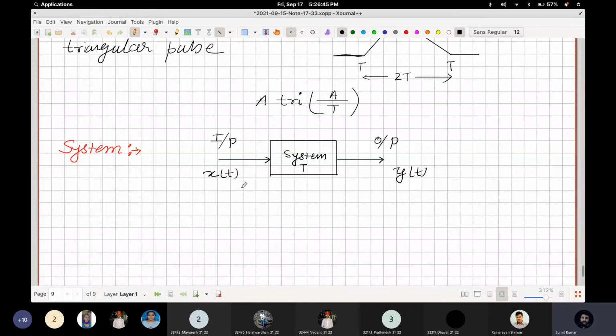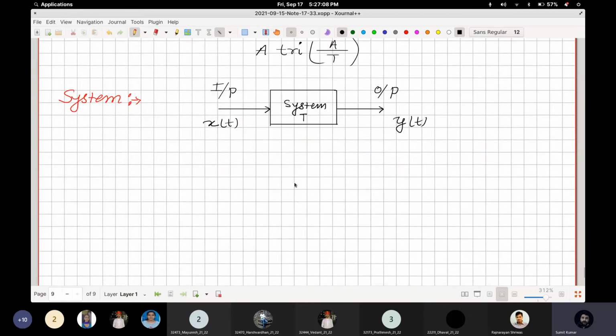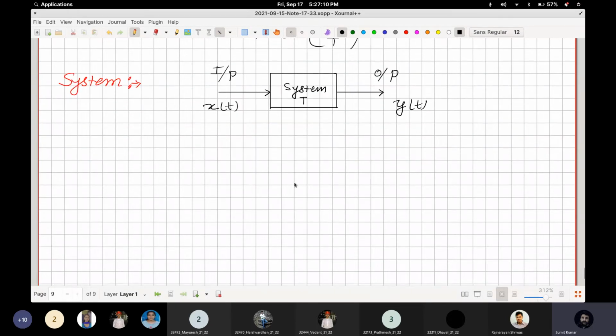From now onwards, whenever I say x(t), it means the input signal, and when I say y(t), it means the output signal. So what is your system? A system is an entity which is mapping this x(t) to y(t). You can think of that as a mapping only. Is this clear to everyone?